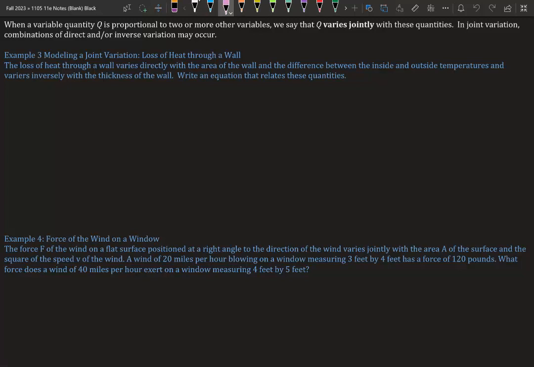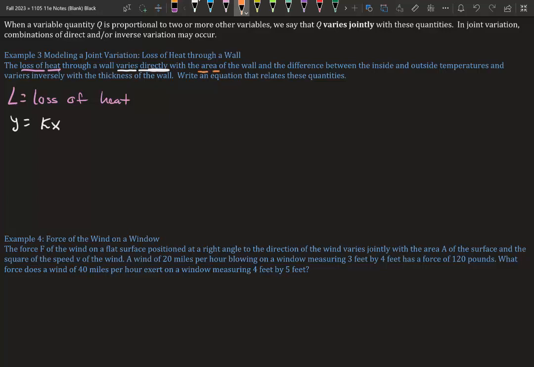Why? Because if we keep reading, varies directly. So that comes before the phrase varies. So that's an important detail. So loss of heat, let's say that's L. Then we see varies directly. We know varies directly stands for y equals k times x.